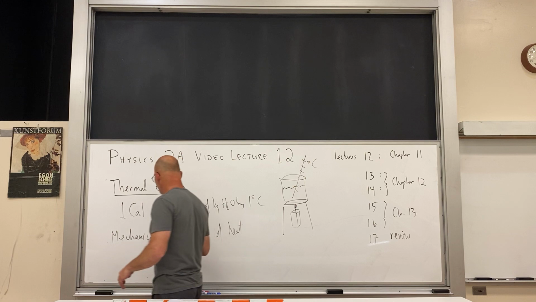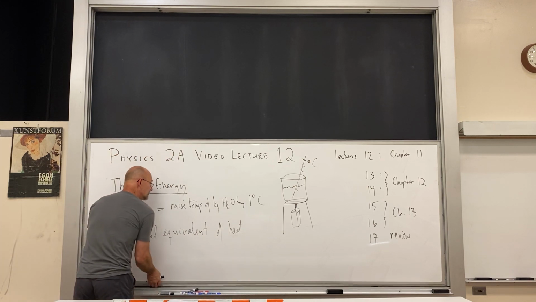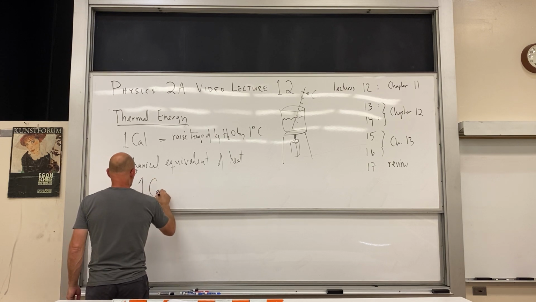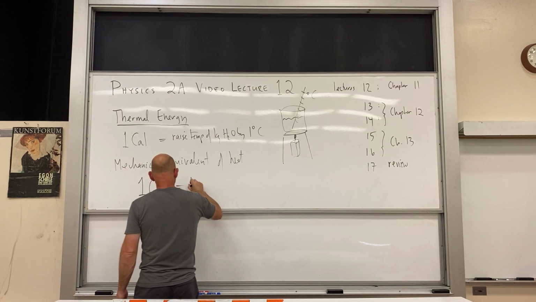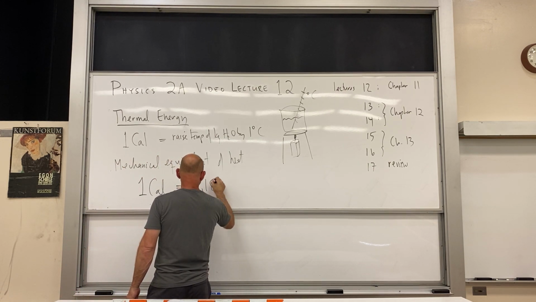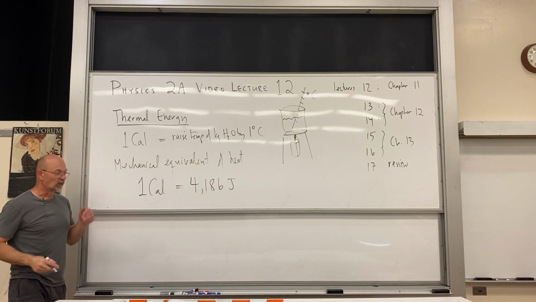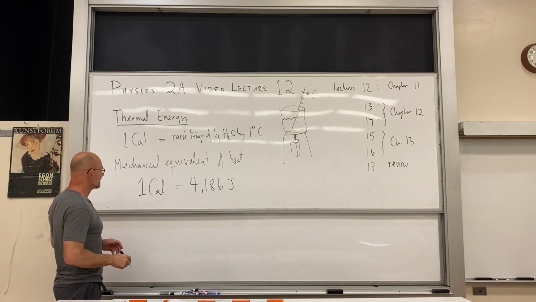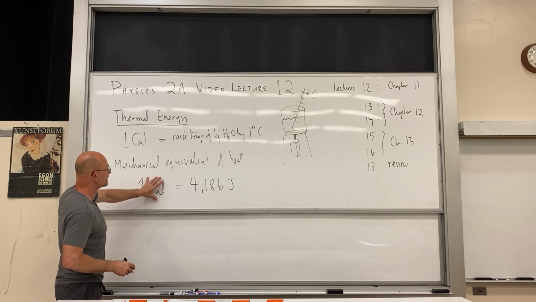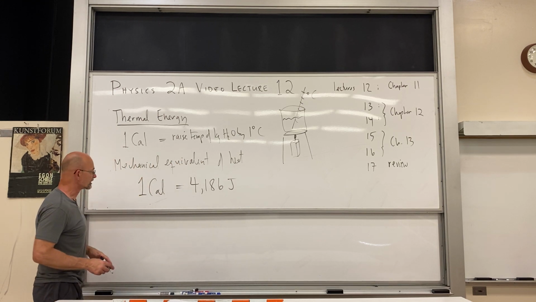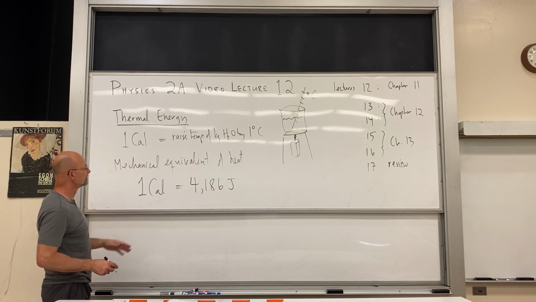Mechanical equivalent of heat, and that is that a calorie is the equivalent of 4,186 joules. So the way to read this equation, it's a practical equation, namely the calorie represented here, whatever it takes to raise the temperature of water, well defined.